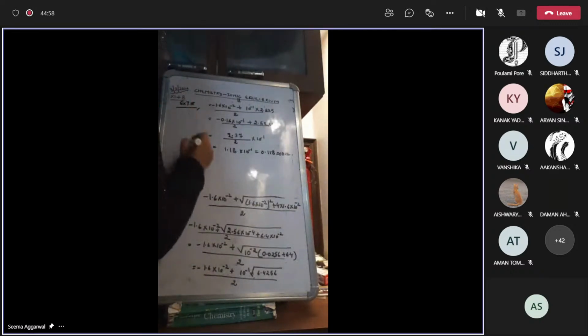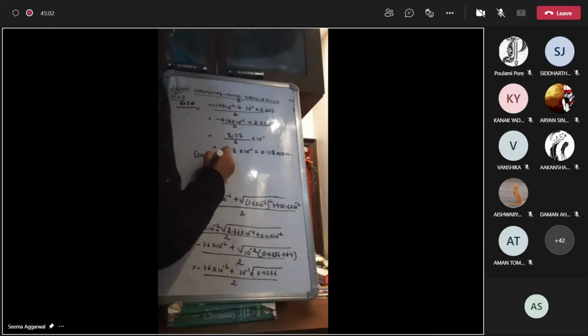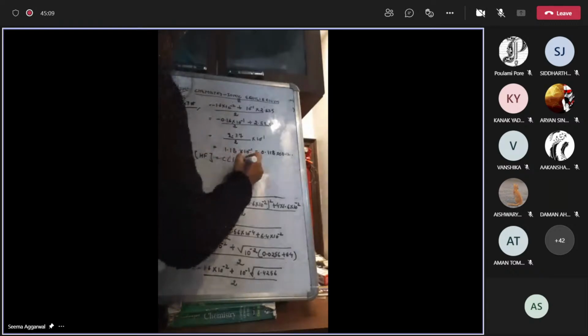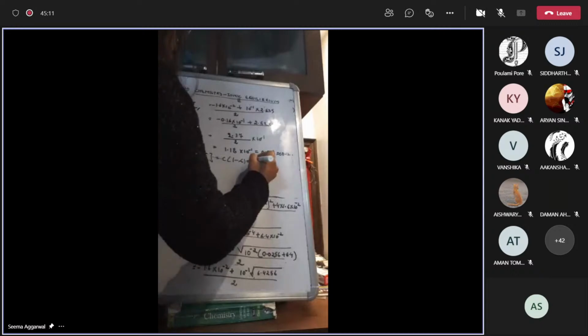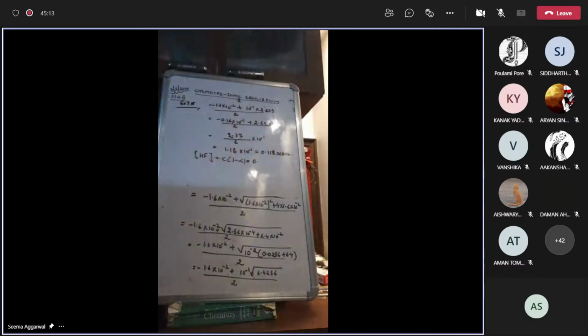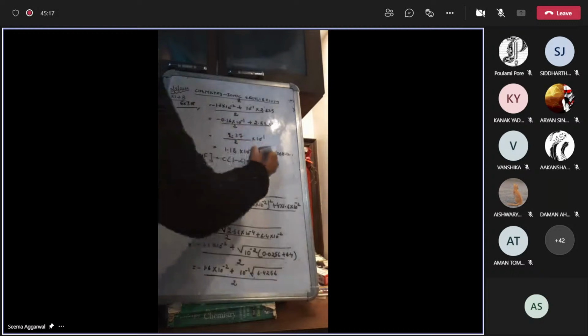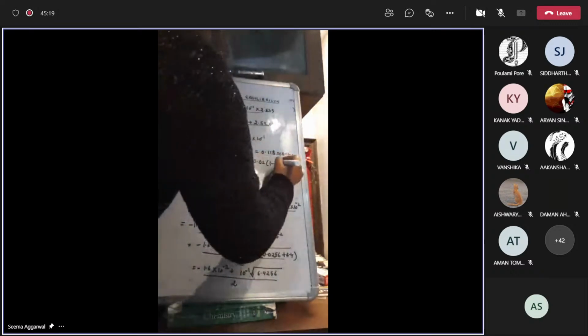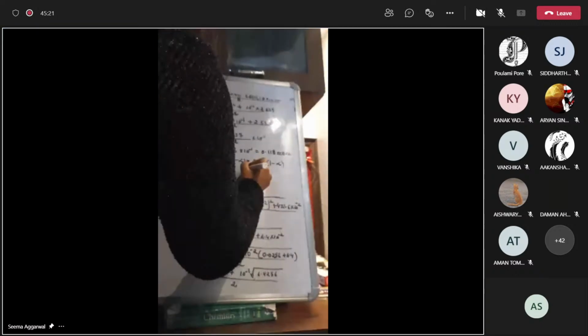So in our equation, what we know is that the concentration of HF was equal to C(1 minus alpha) at equilibrium. We can solve it. C was 0.02. 1 minus alpha, I can solve it.